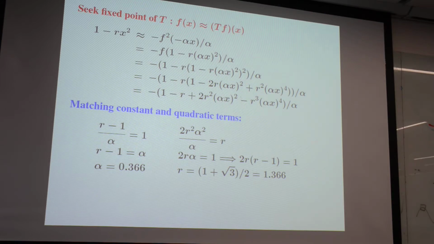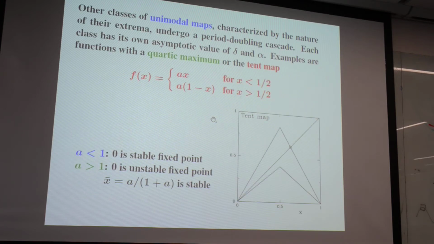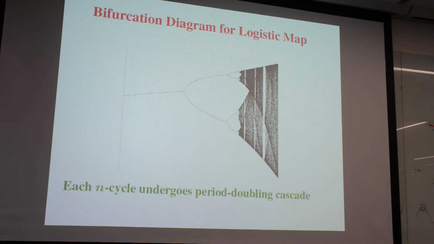As you're period doubling, you're basically iterating that mapping of mappings and going to a fixed point, which is universal. Here are the first few terms of that universal fixed point of T that explains how the whole thing works.